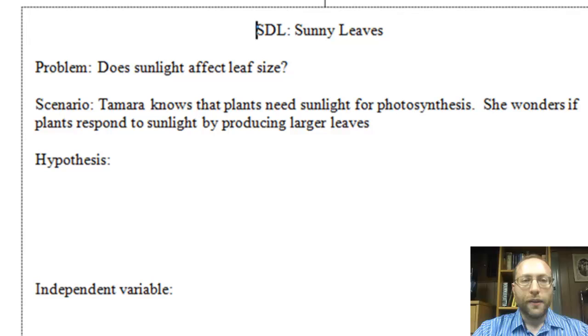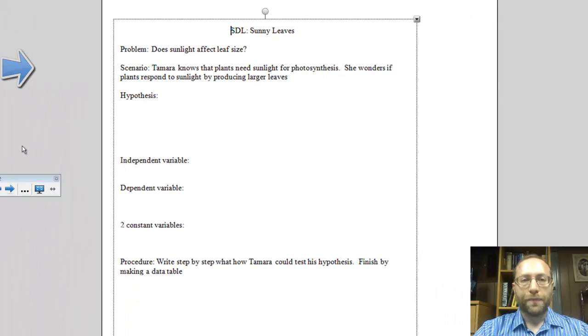So the scenario is that Tamara knows that plants need sunlight for photosynthesis. She wonders if plants respond to sunlight by producing larger leaves. This brings about the problem or the question, does sunlight affect leaf size?